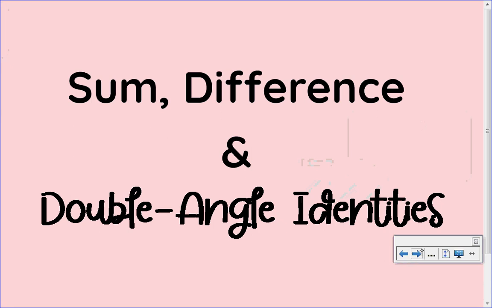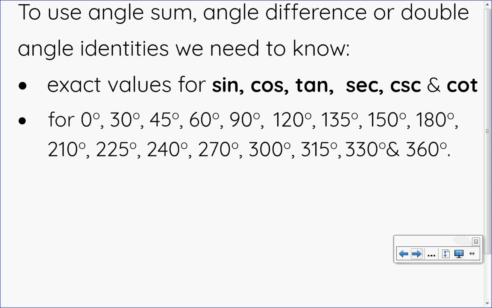Let's get started. Before we get into these identities and all the formulas, I need to make sure that you have all the exact value identities well under wraps. I want you to know the exact values for sine, cosine, tangent, and their reciprocal functions, secant, cosecant, and cotangent, for all 16 angles from 0 to 360.